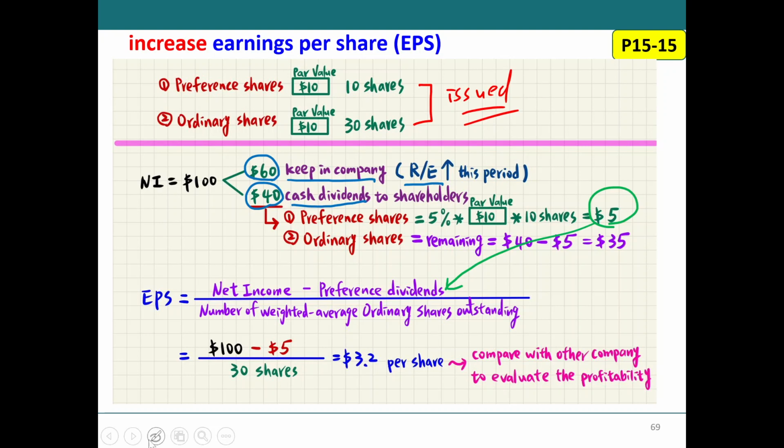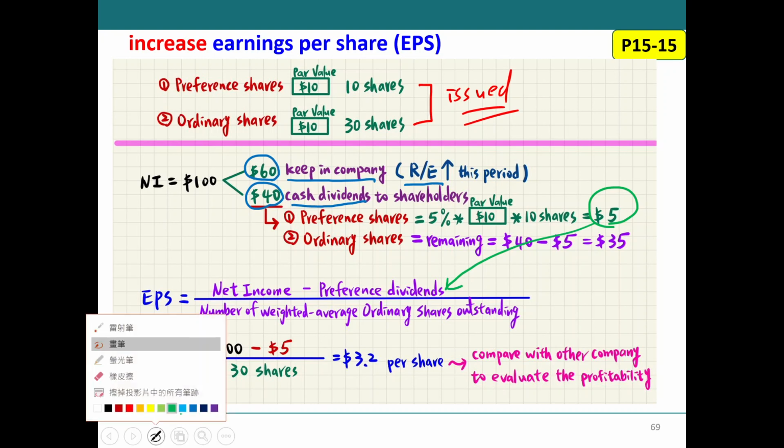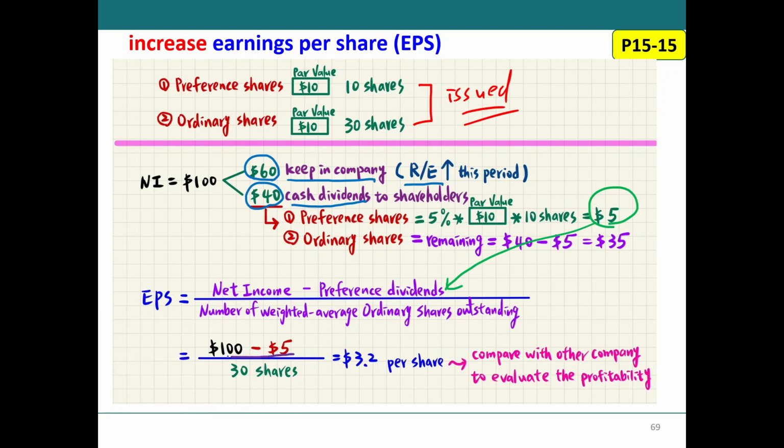This is the profit belonging to your boss. Why? Because don't forget, $5 belongs to preference shareholders. So that's the total profit you made for your boss.